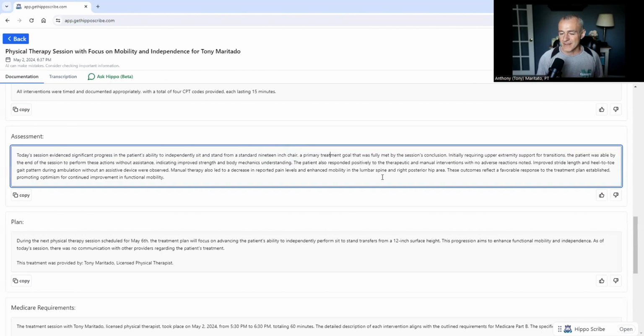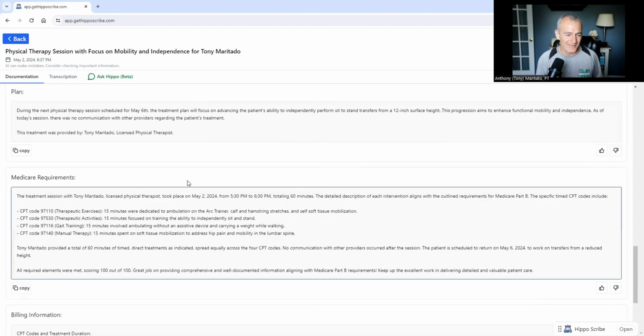Patient also responded positively to therapeutic and manual interventions with no adverse response noted. Improved stride length and heel toe gait pattern during ambulation without an assistive device was observed. Manual therapy led to a decrease in reported pain levels and enhanced mobility. The outcome reflects a favorable response to the treatment plan established, promoting optimism for continued improvement in function and mobility.